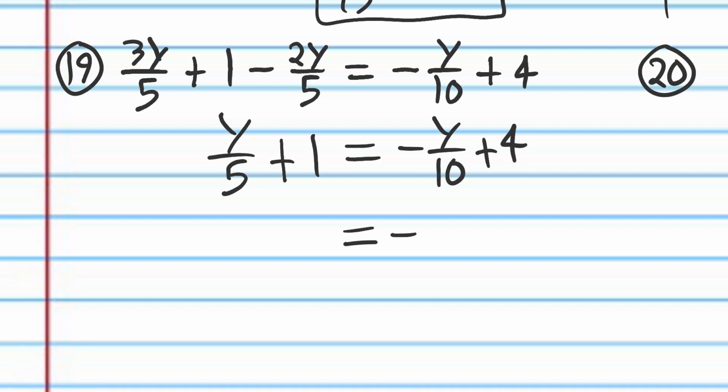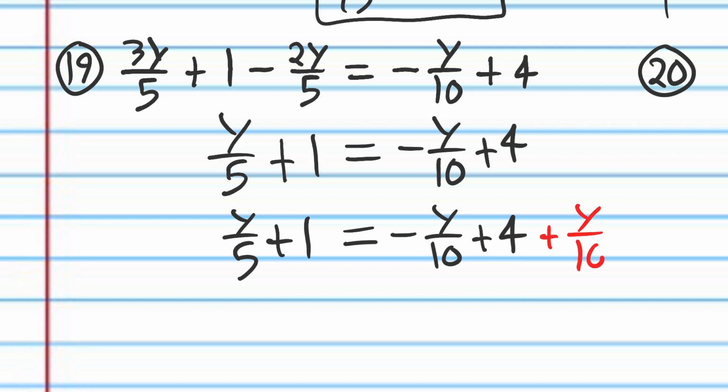I'm about to perform an operation on both sides of the equation. So I rewrite, and I'm going to add y over 10 to both sides of the equation.